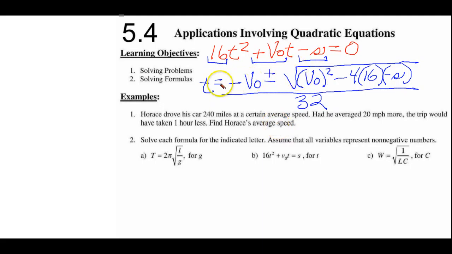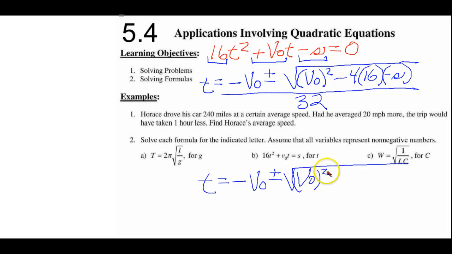Now we're almost there. We just need to do a little work here. So this then becomes t equals negative v sub o, which is initial velocity, plus or minus the square root of our initial velocity squared. Now we have to put that in parentheses, because otherwise we would just think this sub O is squared.